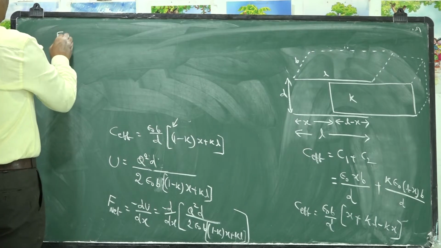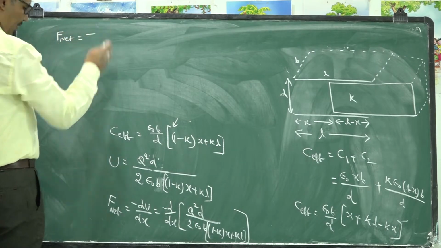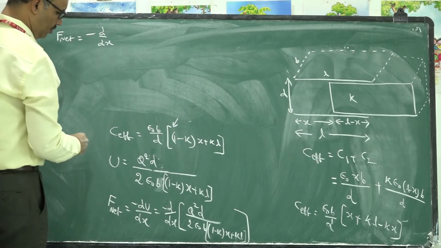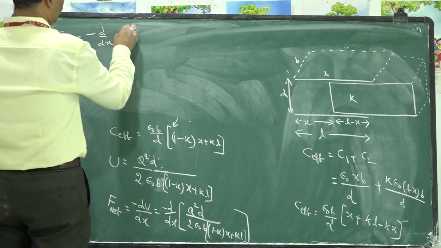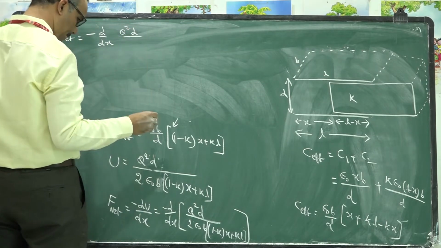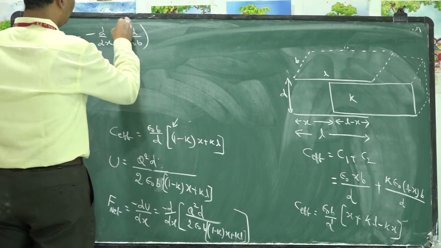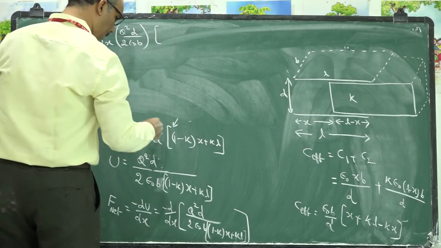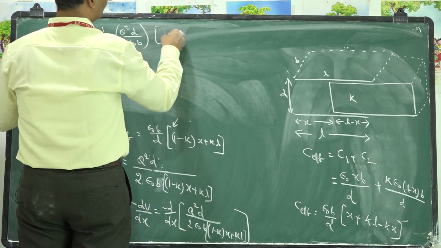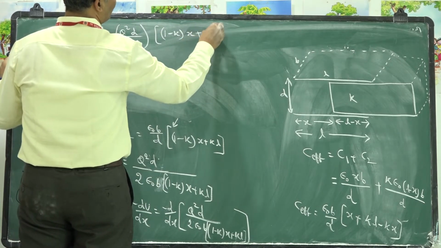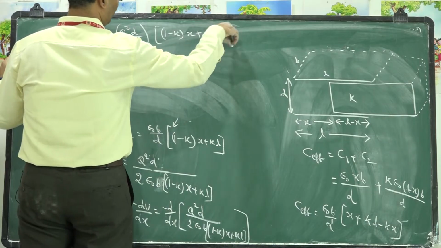Net force is equal to minus d by dx of Q square d by 2 epsilon naught b into 1 minus k into x plus KL, whole power minus 1.